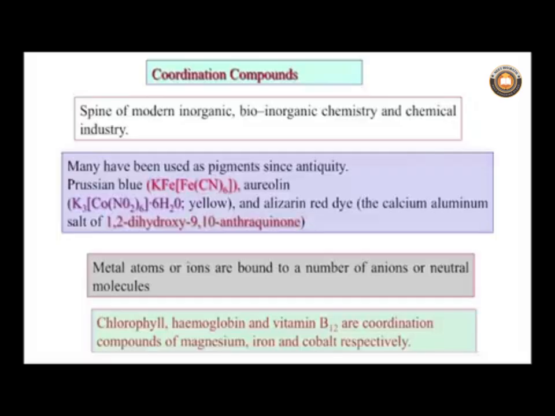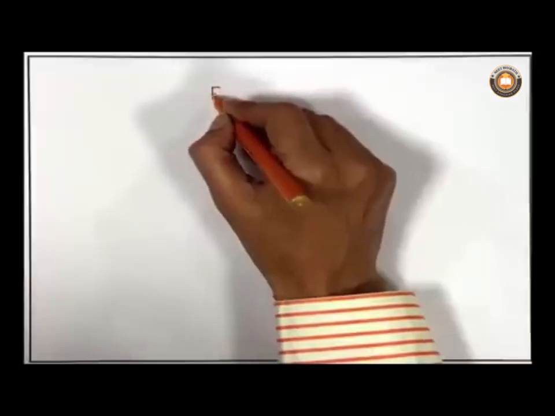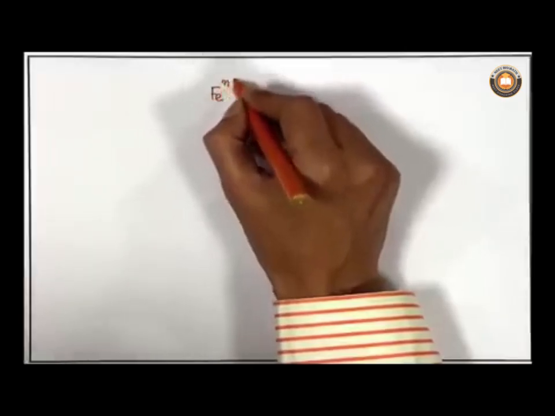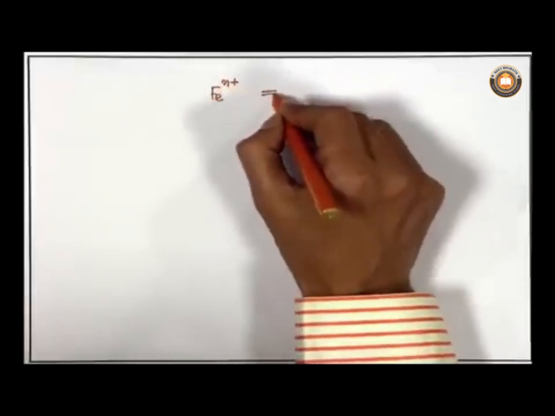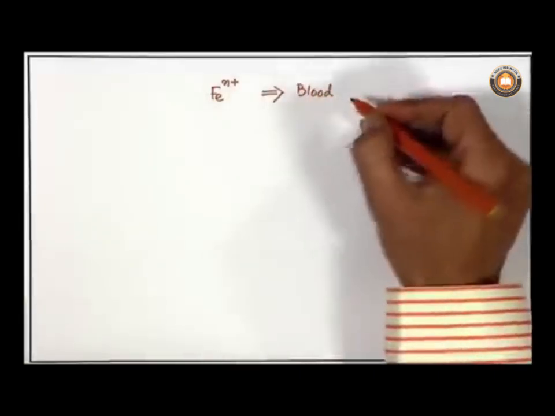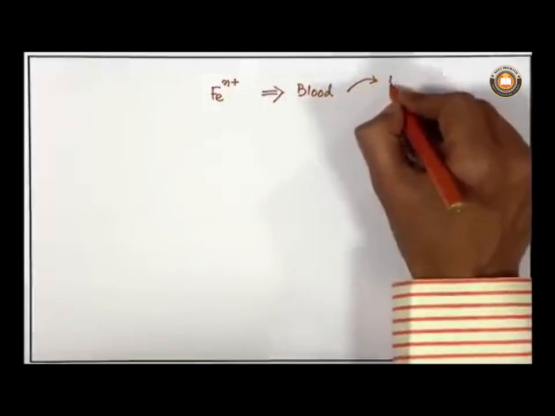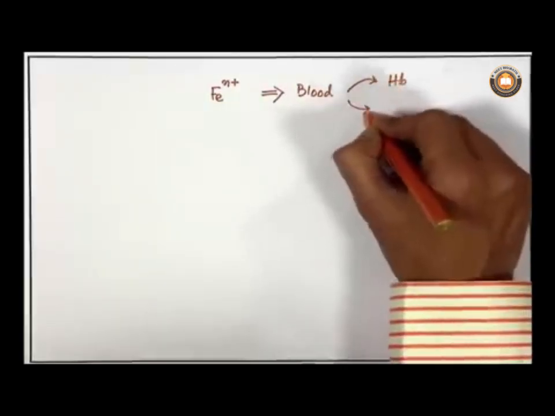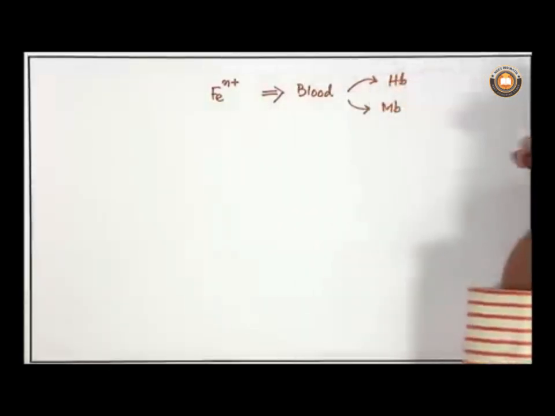Biologically, if we have say iron, we all know that iron in a particular oxidation state is there in our blood. Where is it present? It is present in our hemoglobin or in our myoglobin.